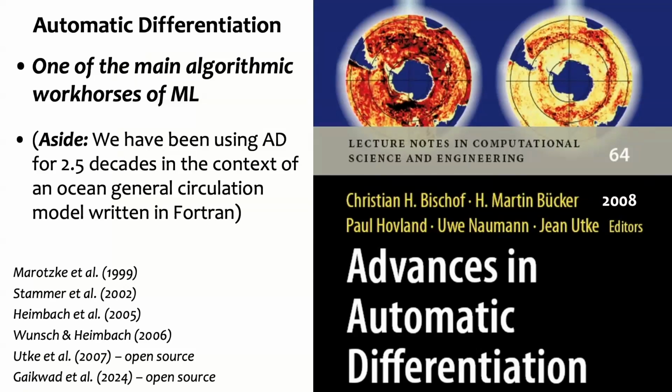We have been working with a differentiable ocean model written in Fortran for the last 2.5 decades to work on adjoint-based state and parameter estimation using a global ocean general circulation model. But of course, there is no machine learning, no neural networks involved in these approaches.